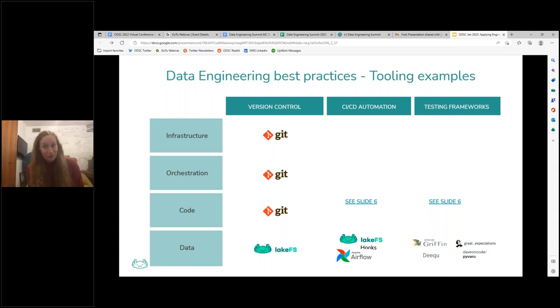We don't really have time for that, but this is where lakeFS, the open source project that my team is behind, allows you to version control your data over your data lake. And then when it comes to CI and CD, you can use either lakeFS hooks or use the orchestration tools that you already have to orchestrate a CI and CD pipeline together with your version control.